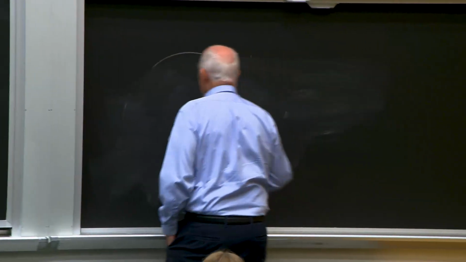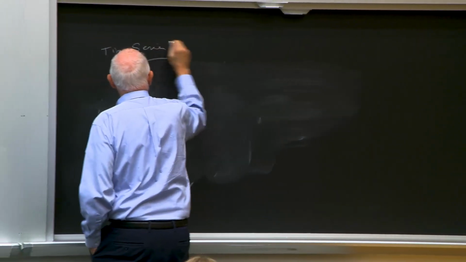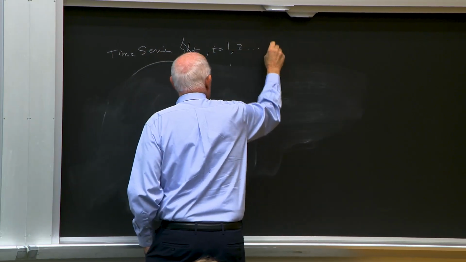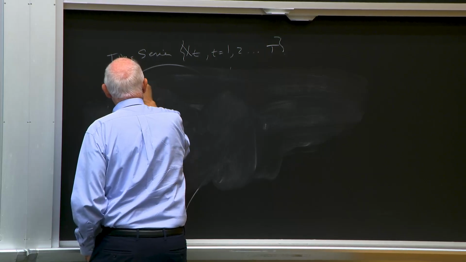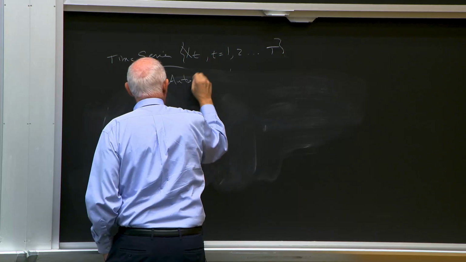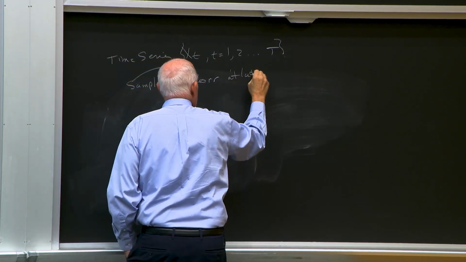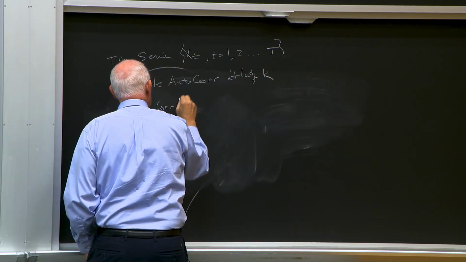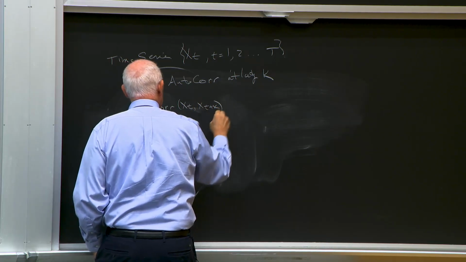What's important with autocorrelations is, if we have a time series x_t, t equaling 1, 2, up to capital T, and then we consider the sample autocorrelation at lag k, then this is an estimate of the correlation between x_t and x_{t+k}.